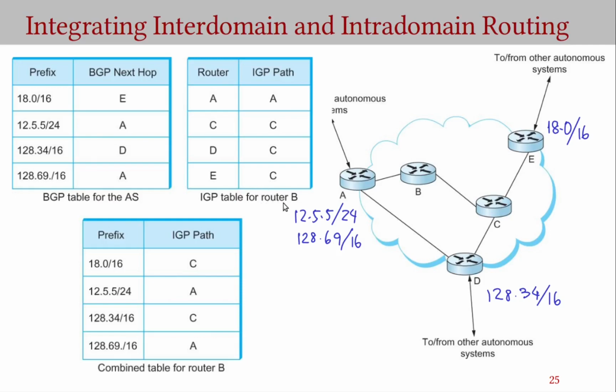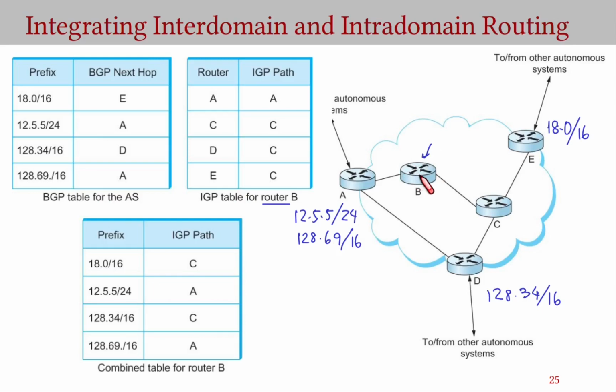And this example is for router B. All these networks, 12.5.5 and 128.16, are reachable through A. So these networks are somewhere here. To reach this prefix 18.0, the traffic has to be sent to E, and to reach 128.34, the traffic has to be sent to D.